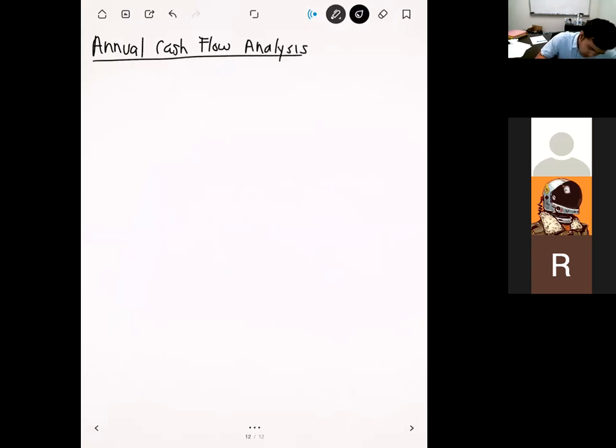Okay. All right, and so remember, annual cash flow analysis is kind of like the sister to present worth analysis, in that we're basically doing the same thing, right? The idea with annual cash flow is that we're going to use it to choose between economic alternatives.